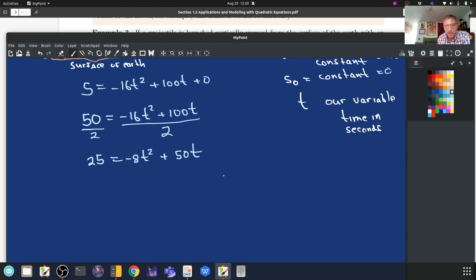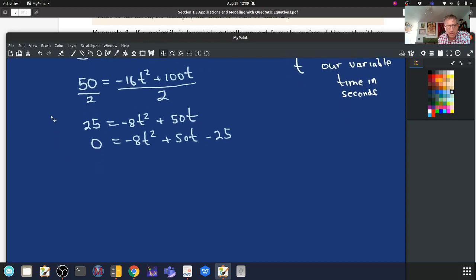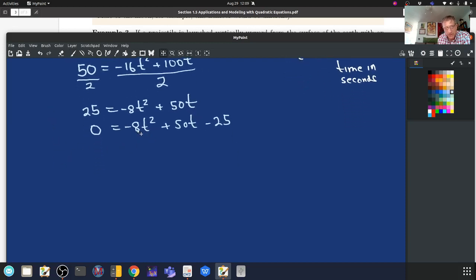So we're going to go ahead and put this into a quadratic equation form. So I'm going to bring the 25 over to the other side, leaving a 0 behind. And here we have an instance when I derive the quadratic equation. You'll notice my leading term is minus 8t squared. I don't like the negative, so I'm going to multiply both sides by minus 1.